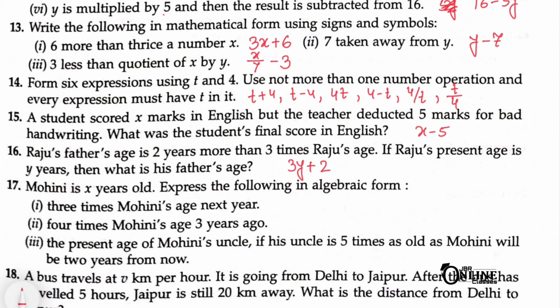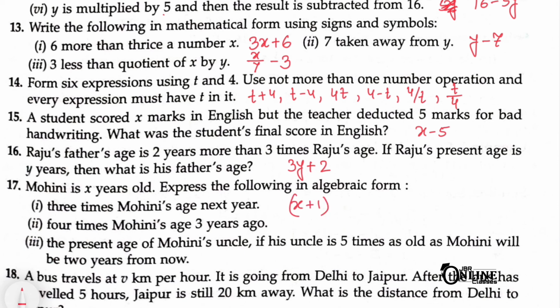Next, sum number 17. Mohini is X years old. Express the following in algebraic form. 3 times Mohini's age next year. Okay, so as this year Mohini's age is X, definitely next year the age will be X plus 1.